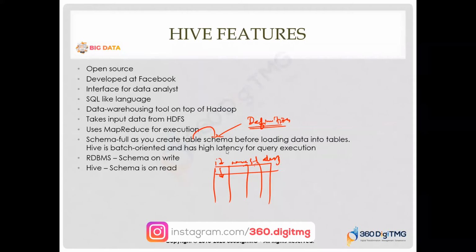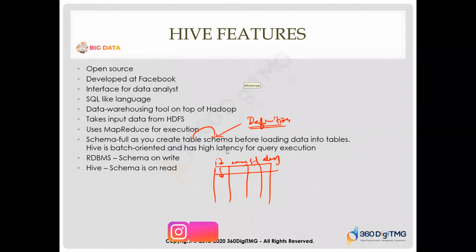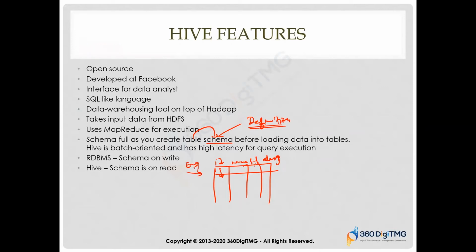Name, if I talk about name, yes, string, or you can say varchar. Salary again becomes integer or float. Designation again becomes a string. So these data types or data structures are basically your schema. For this table, let's call it the employee table, we are defining a certain structure. We're giving it a definition. That definition is nothing but your schema.